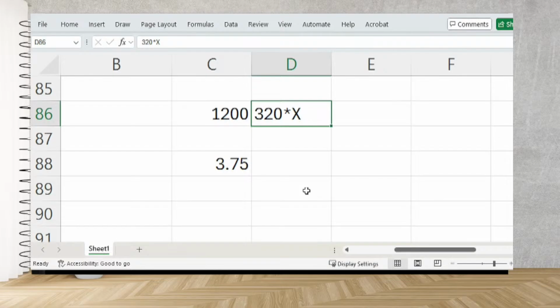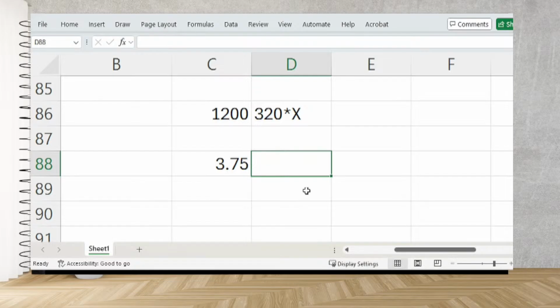So 320 is a yearly cash flow, but I need to see what factor I need to attach so that this 320 will become the 1200. So 320 multiplied by the summation of the discounting factor for 6 years. 1200 divided by 320 is 3.75.